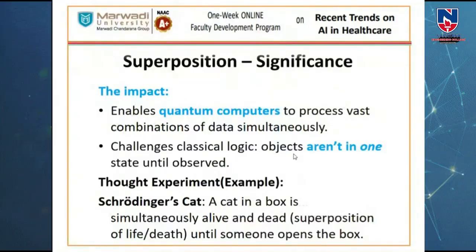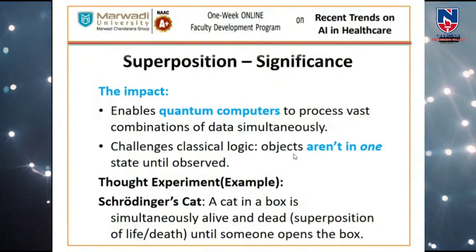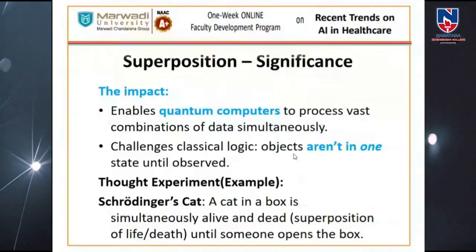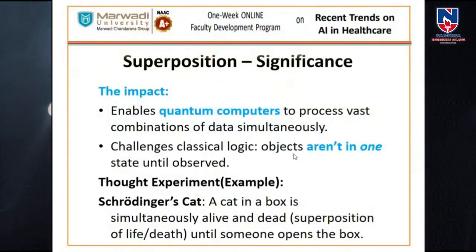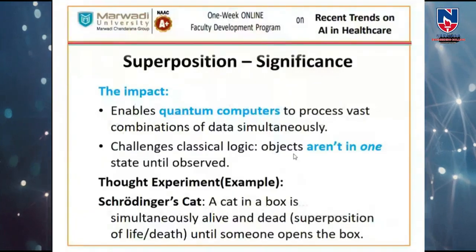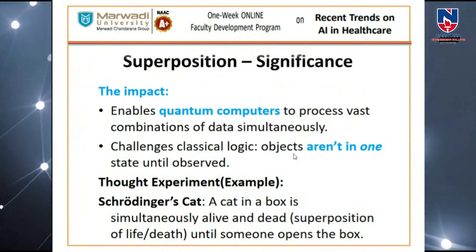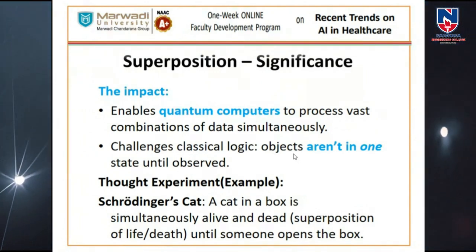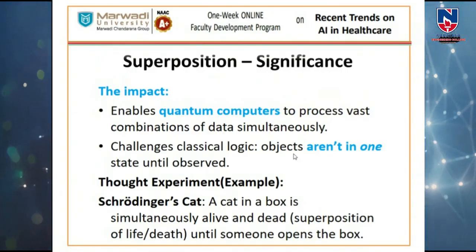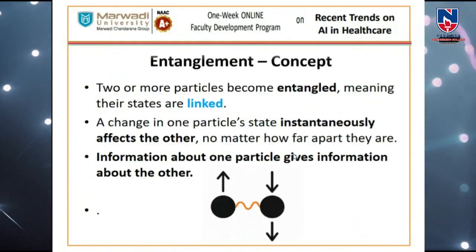Of course, the cat is inside, but you don't know whether it is alive or dead until you open the box. That is another physical example for the superposition principle. This enables parallel computing, as I mentioned, a combination of data.